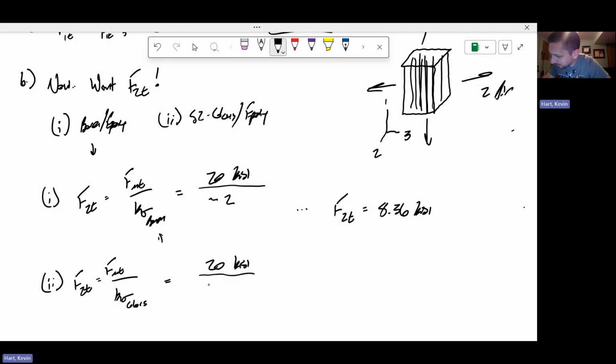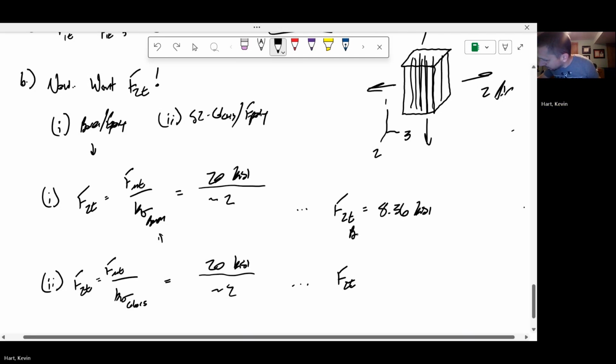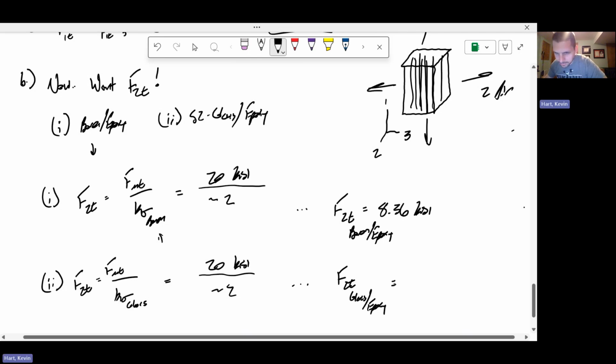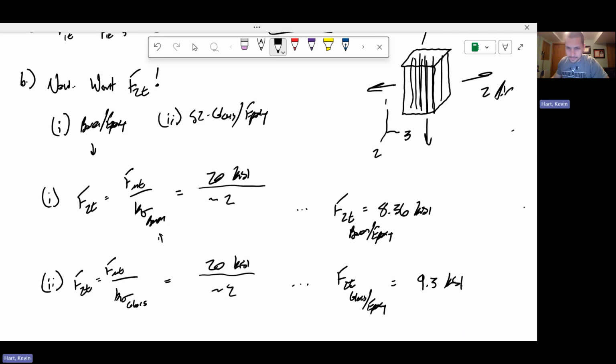This is divided by, again, approximately 2. If you work through this, oh, sorry, this is boron epoxy. This is glass epoxy. This will end up being 9.3. Sorry. Okay.